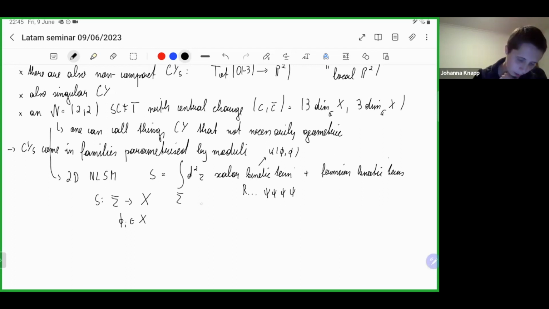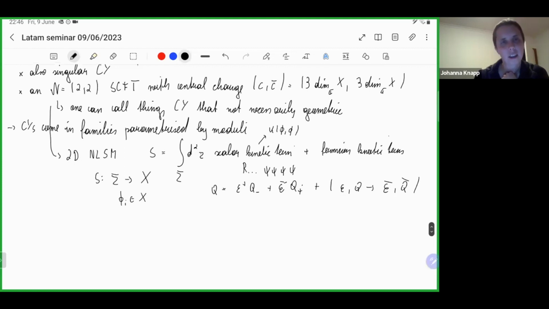So you have something like a Q, usually a superpartner Q minus plus epsilon minus Q plus, this should be a minus, and then epsilon Q goes to epsilon bar Q bar for left- and right-moving, and plus and minus label the different supersymmetries.